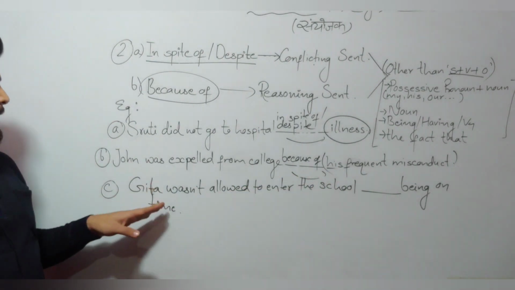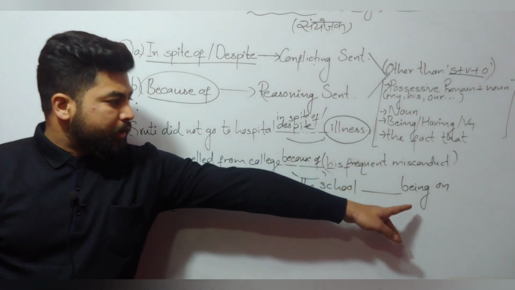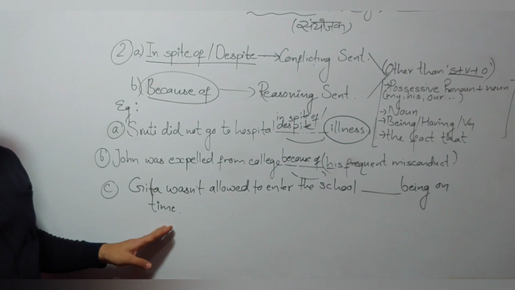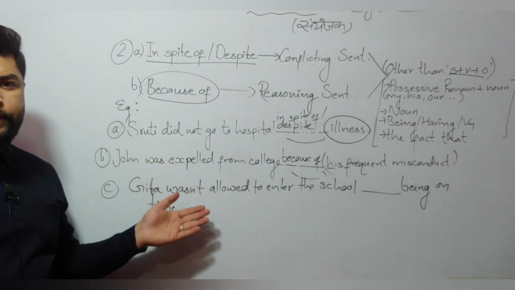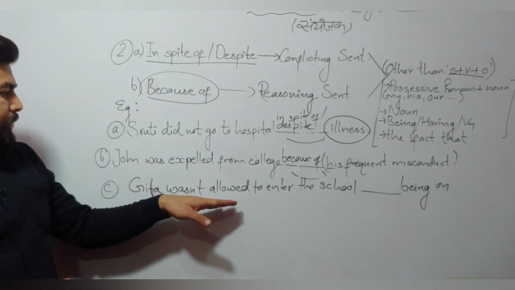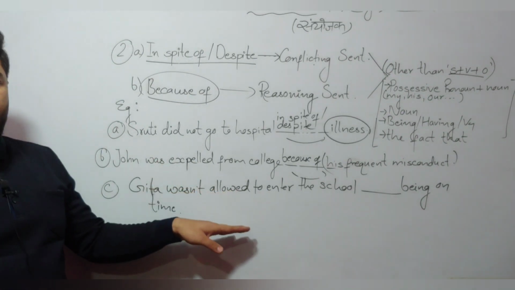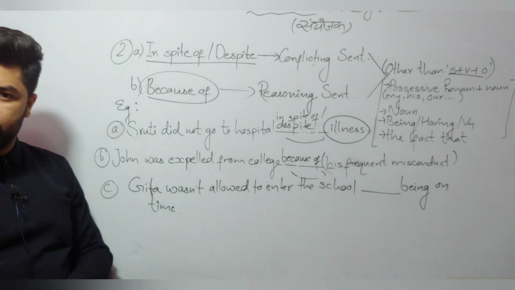So the girl named Geeta wasn't allowed to enter the school though she had reached the school on time. If you had not reached on time, and you weren't allowed in, that would be reasoning. But here, she has reached the school on time, but still she wasn't allowed. So this is a conflicting sentence.